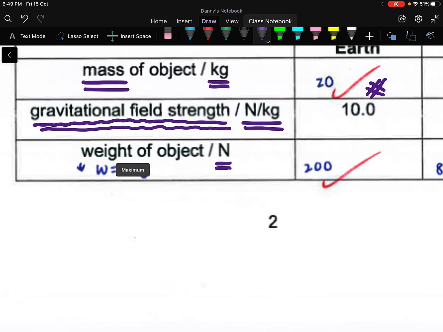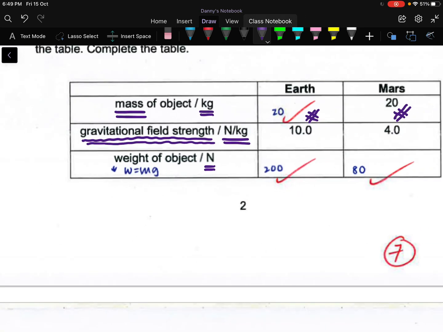Now when you are asked to find the weight, you need to make use of this formula, W equals mg, whereby m is the mass in kg. Okay, so it is very important that you have mass in terms of kg. So if you are given the mass in gram, you would need to convert it. And for g, this is actually referring to the gravitational field strength.